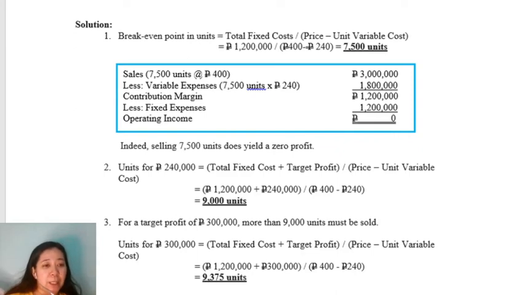Next, after you determine the break-even point in units, we will check if indeed the company sells 7,500 units, we will have neither profit nor loss, or be at break even.